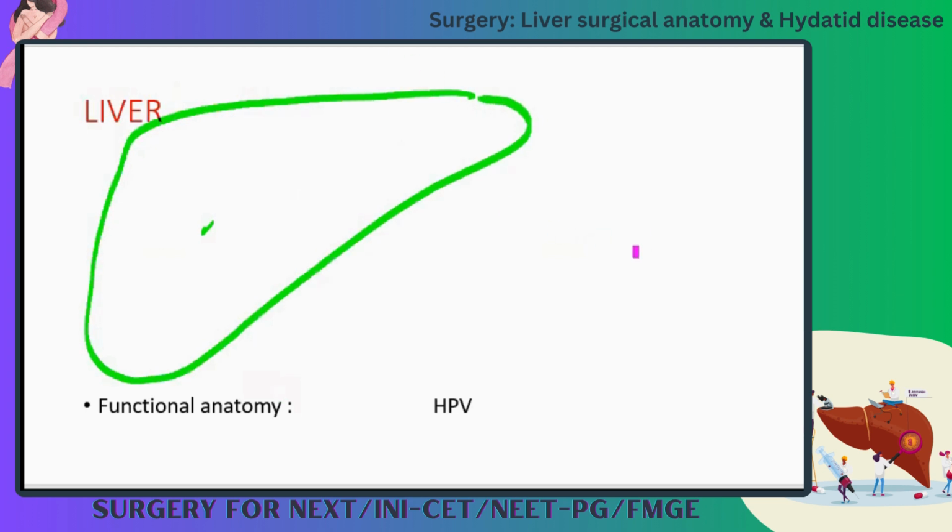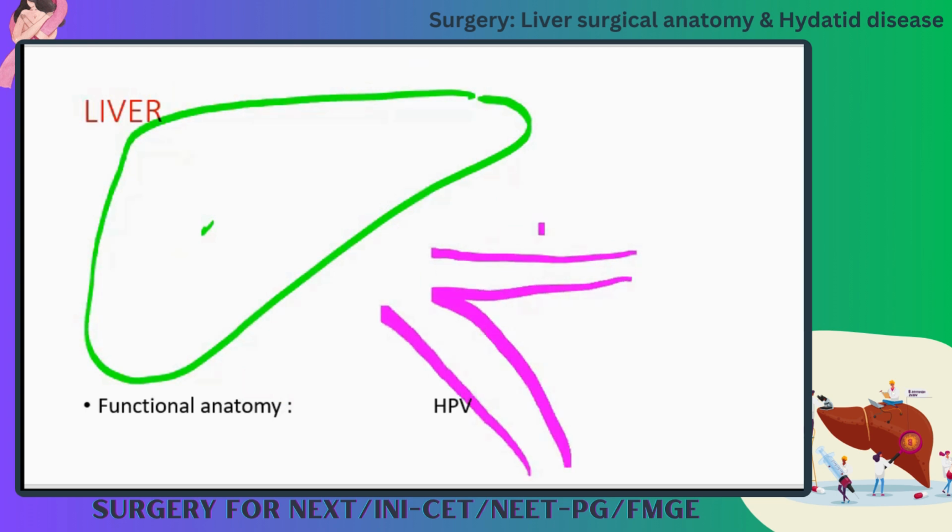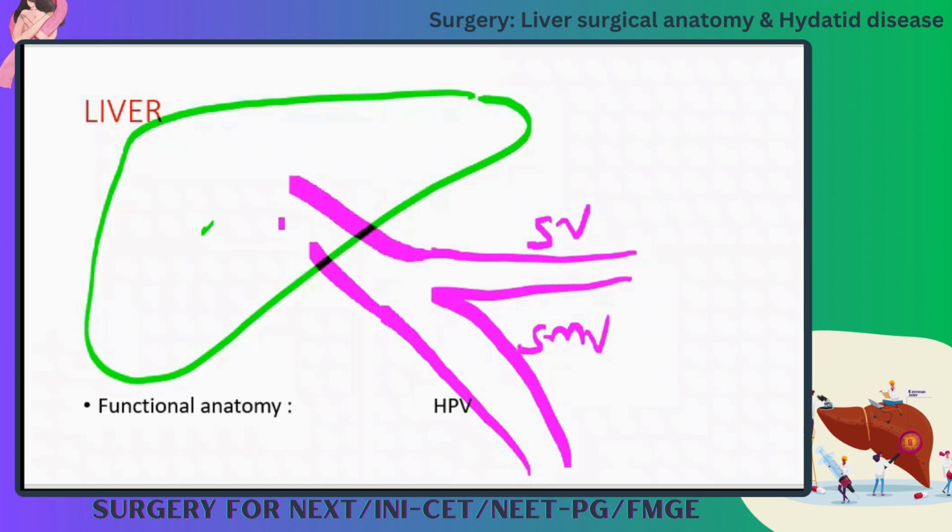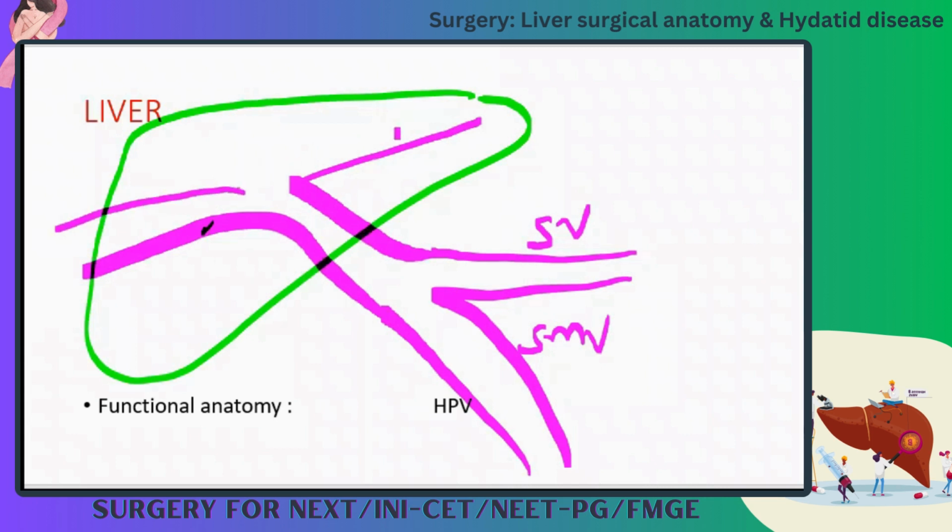So this is the splenic vein. This is the superior mesenteric vein. Splenic vein and superior mesenteric vein both join to form the hepatic portal vein. The portal vein will go like this, and it will divide into left and right portal veins.